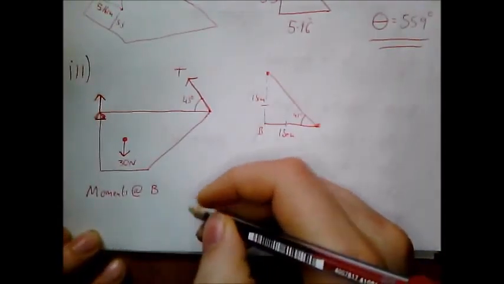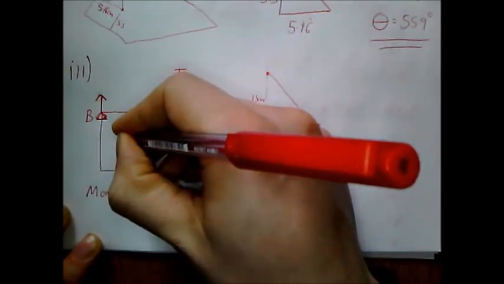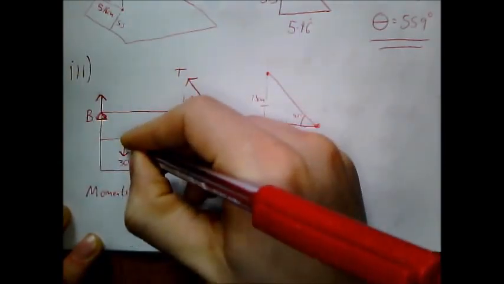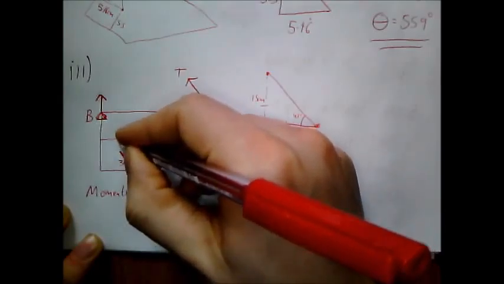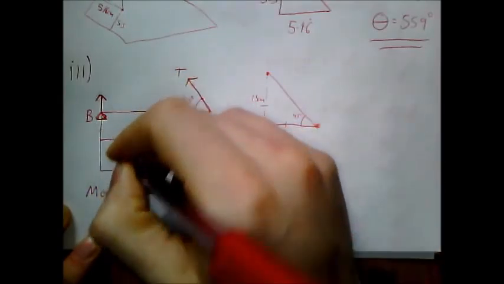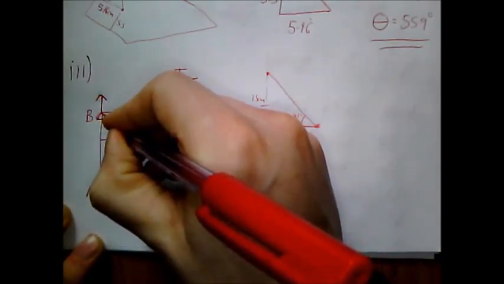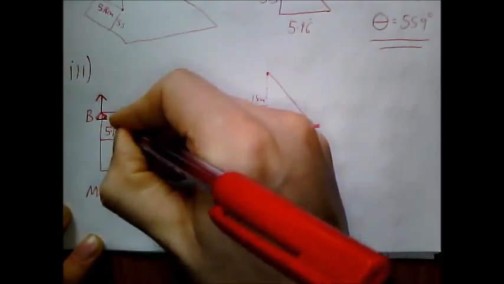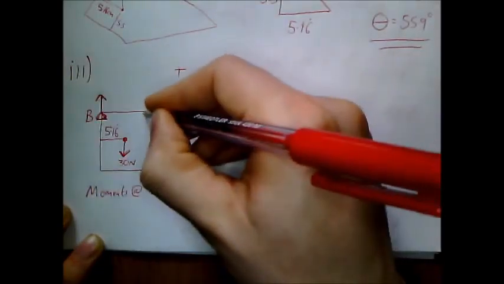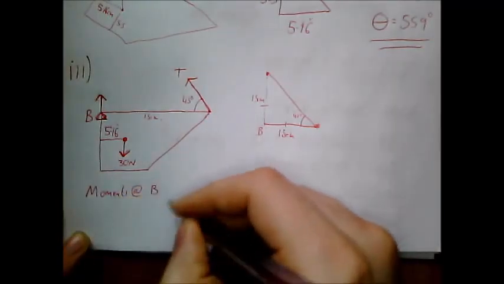So moments at B. We already know this force is going vertically downwards. The horizontal distance was x bar, which is 5.16, sorry, and this distance is 15.